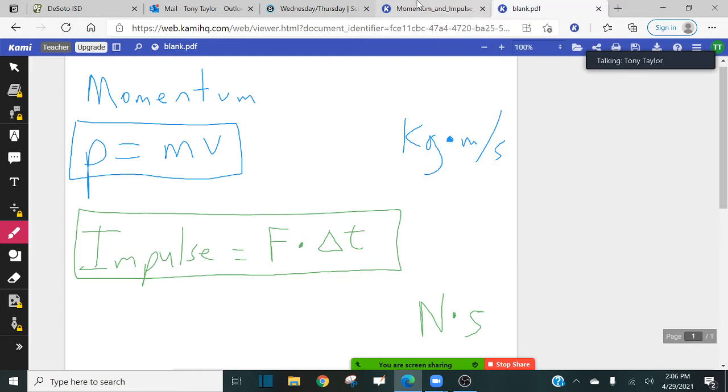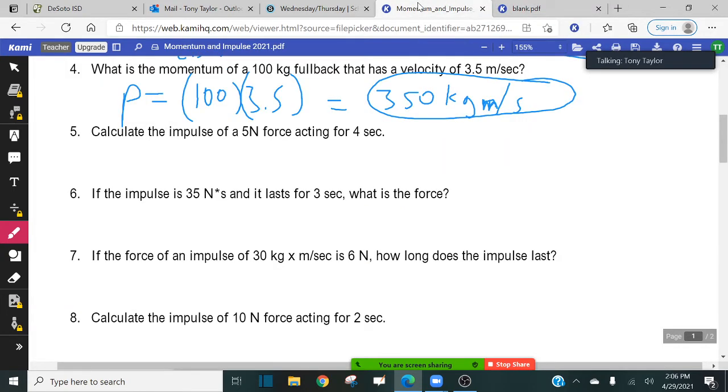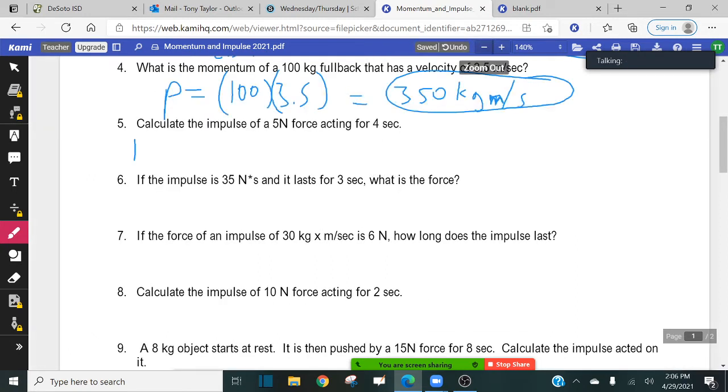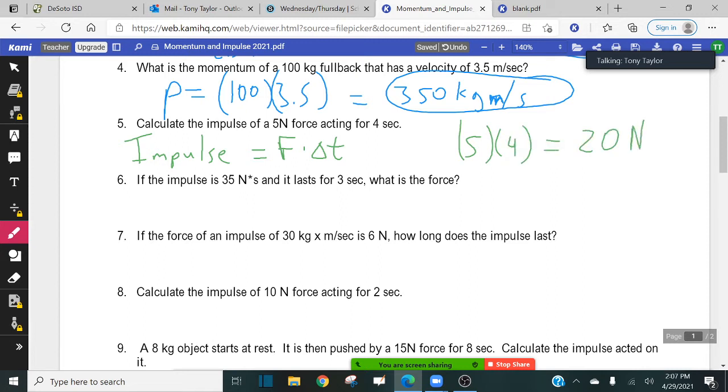So impulse is equal to force multiplied by some time interval. So 5 multiplied by 4 seconds, that's obviously 20. And notice my units: 20 Newton seconds is the magnitude of my impulse.